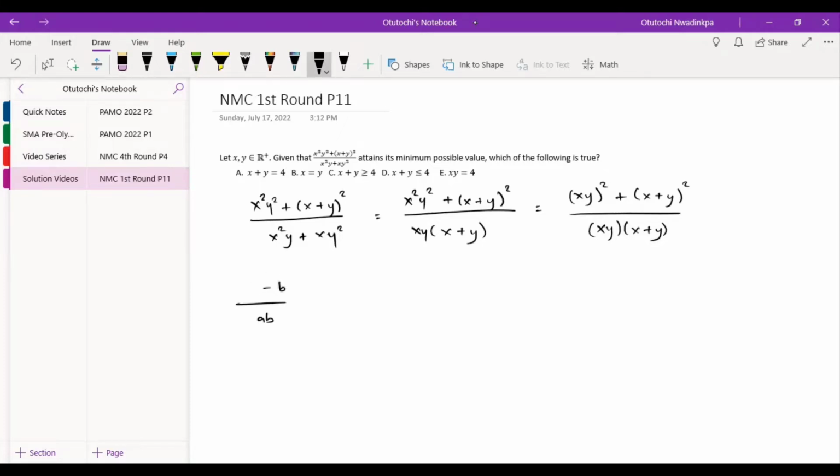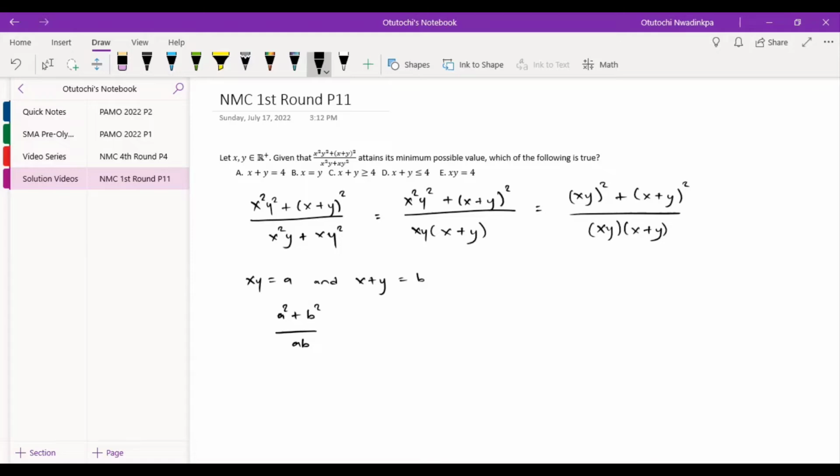To do this, let's set xy equal to a, and x plus y equal to b. We now have the expression (a squared plus b squared) over ab attains its minimum possible value.